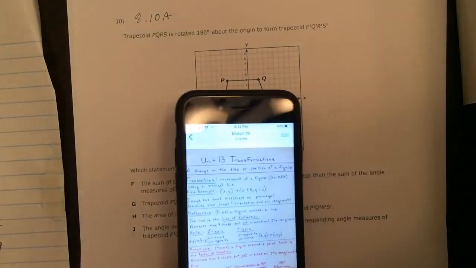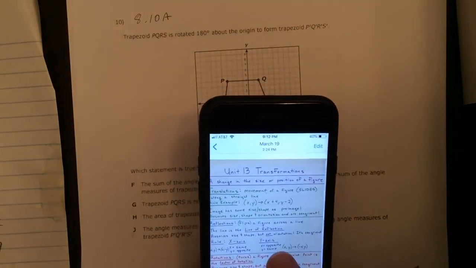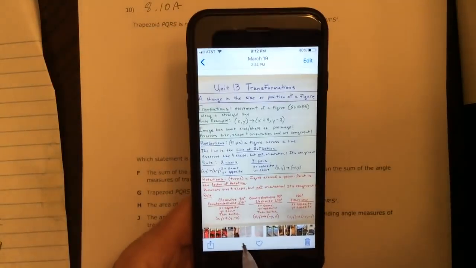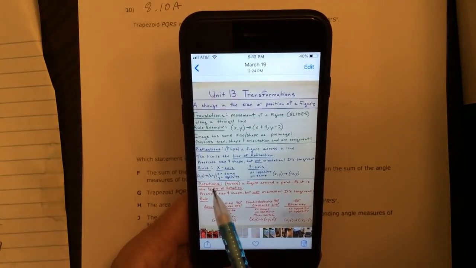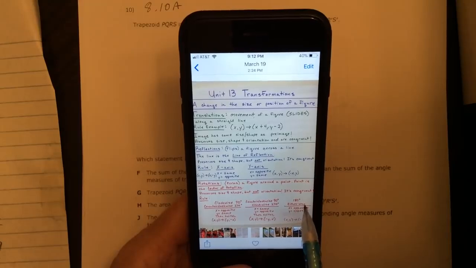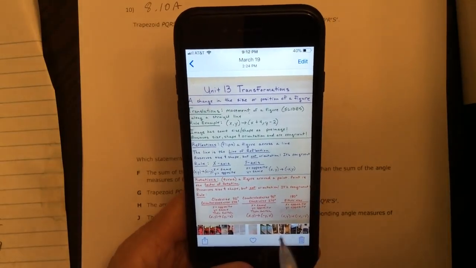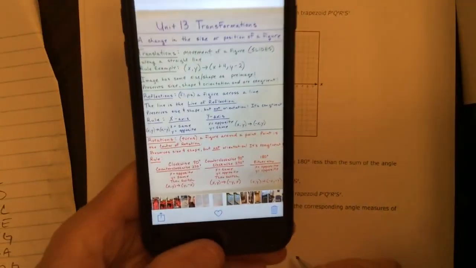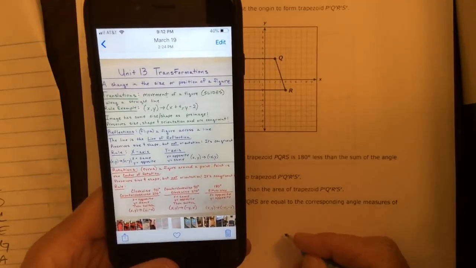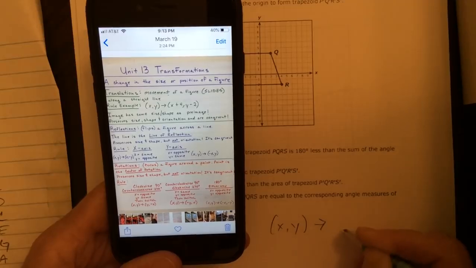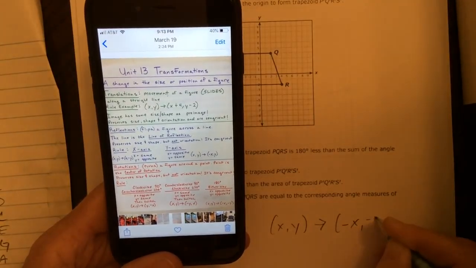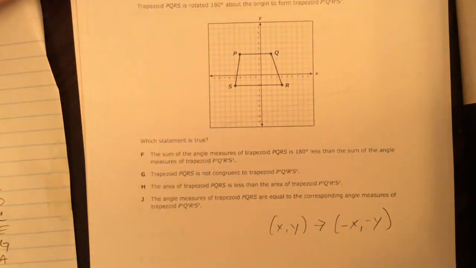Here we go. Transformations. Rotations are down here at the bottom, and they're going to rotate it 180 degrees. So this is the rule for that. Not sure if we'll need it yet, but I'd like to have it on the paper. Okay, there's the rule.